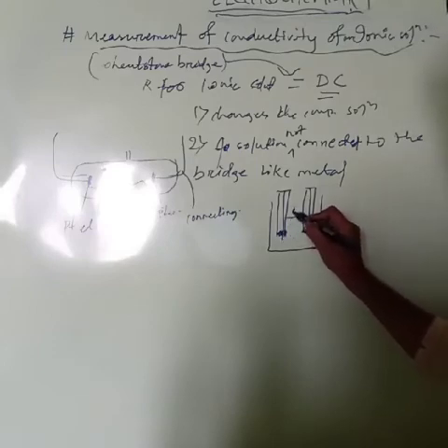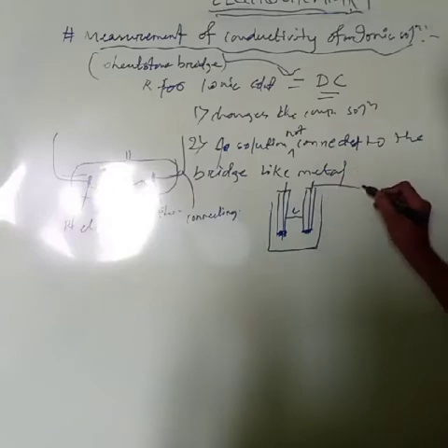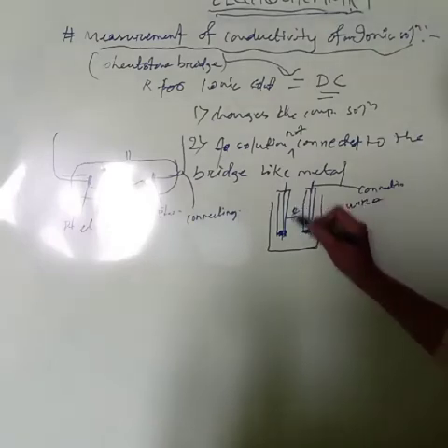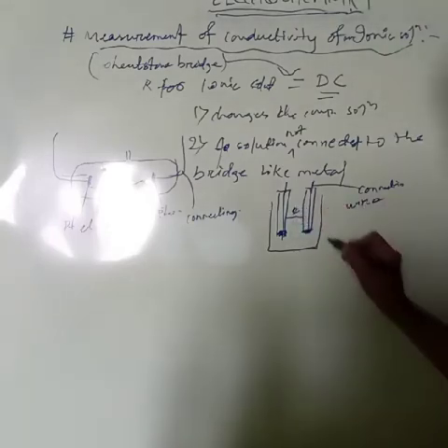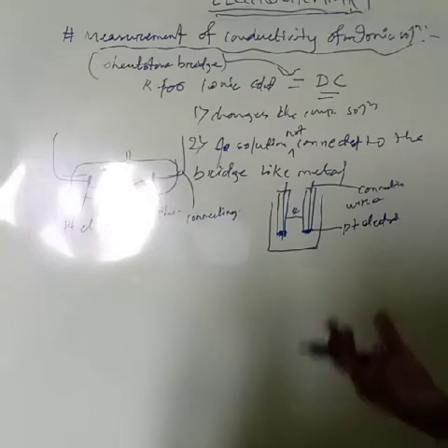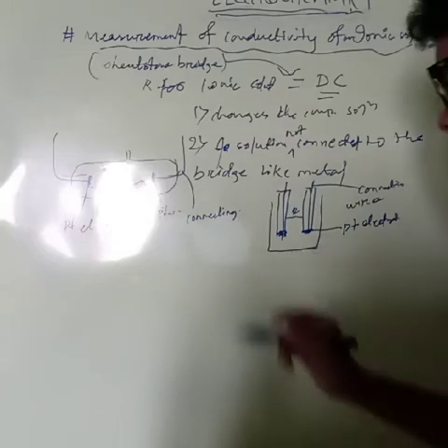This distance is L. Again, these are the connecting wires, and these are the Pt electrodes. These are the different shapes of devices where the conductivity of a cell is measured.